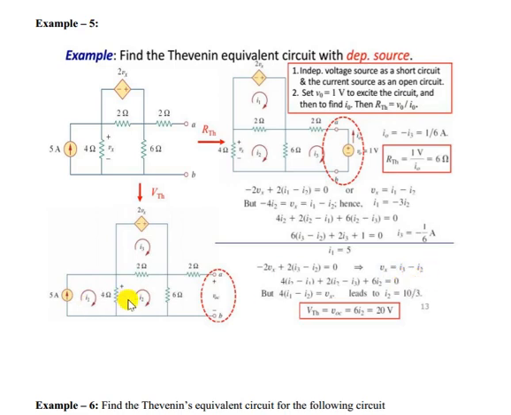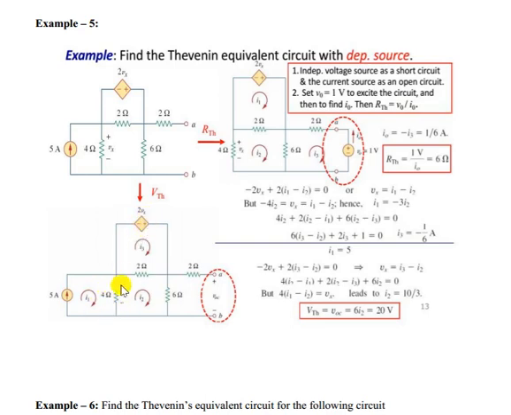Okay. Now for this second loop, what we can write, 4 into I2 minus I1 plus 2 into I2 minus I3, and here plus 6 into I2. Okay. Now what is the value of Vx? Vx is the unknown variable.